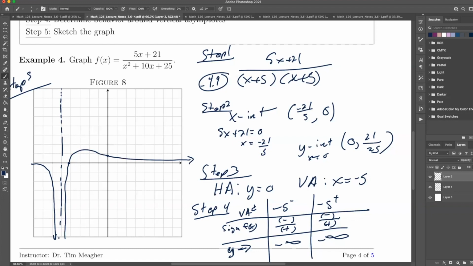The first one may not make a whole ton of sense, but after we do a couple of them, hopefully it'll make more and more sense. If you don't understand everything right away, let's look at a couple more examples, and then when you do the homework, it'll really solidify.